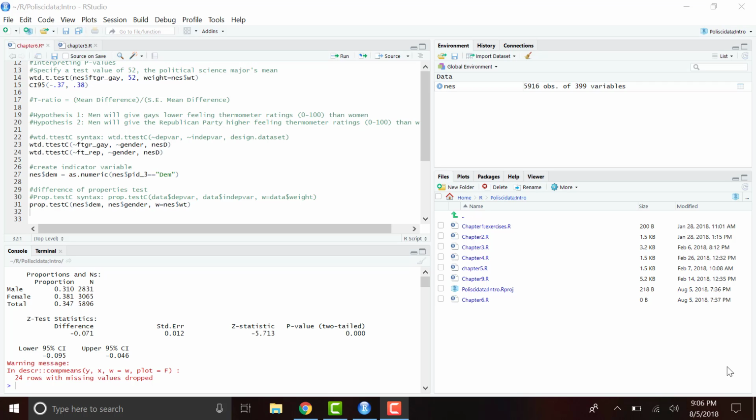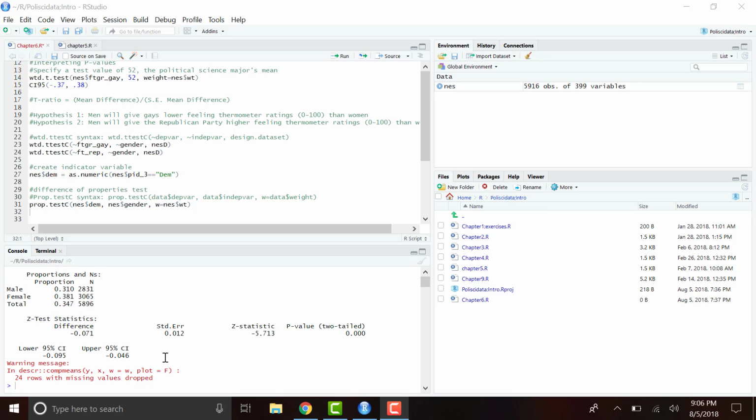Among males, 31% are Democrats compared with 38% for females, which is a difference of 7 percentage points. As you can see from our 95% confidence interval, they're both negative, which means it does not include 0, which already advises us to reject the null hypothesis.